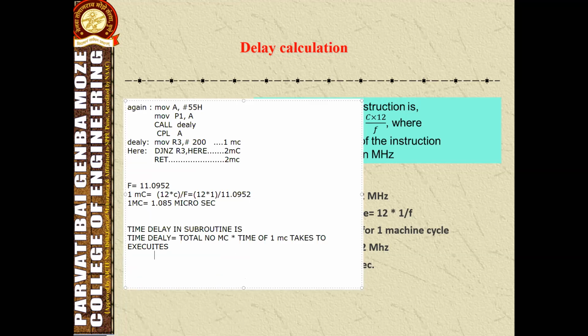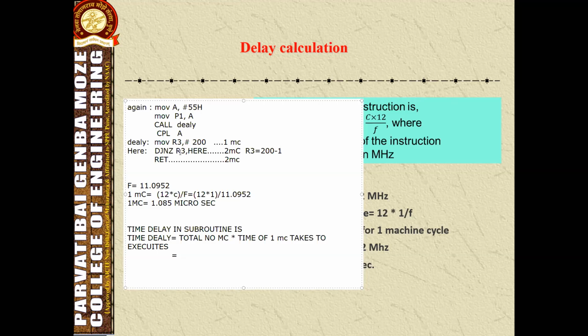See here, how many times is the same program executing? R3 is loaded with 200. After loading 200, it decrements 1 and starts executing here.